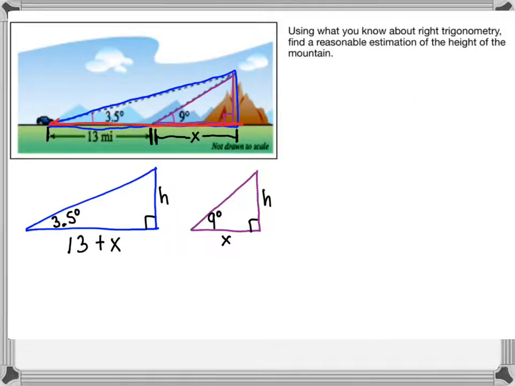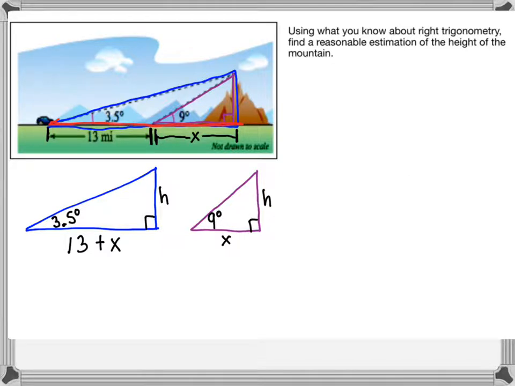Since we want to solve for H, we probably want to combine the X's so we just contain one statement about H. Let's try.